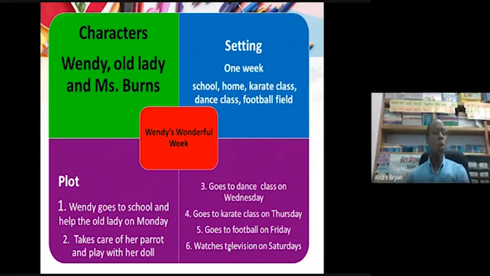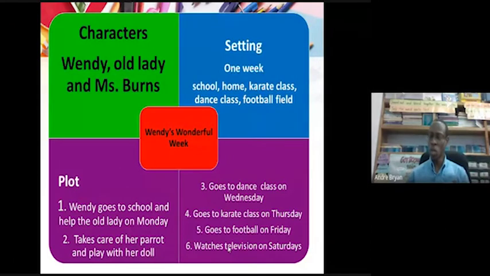Good. So now we're going to see what actually happened in the story. In other words, we're going to talk about the plot of the story. We are paying special attention to the beginning, middle, and end. So here goes. The first thing that happened in the story was that Wendy goes to school. Yes, and she also helps the old lady on a Monday.